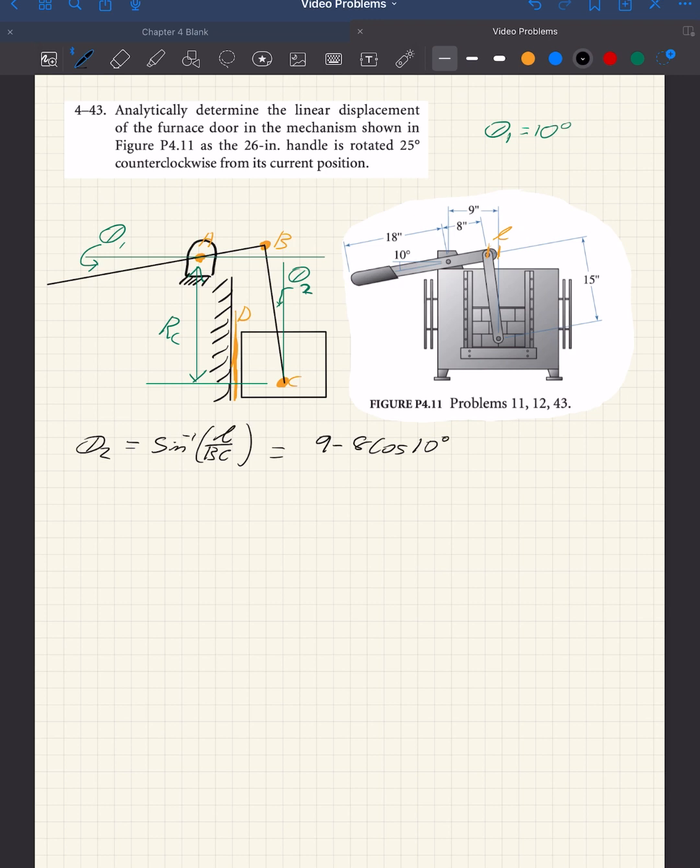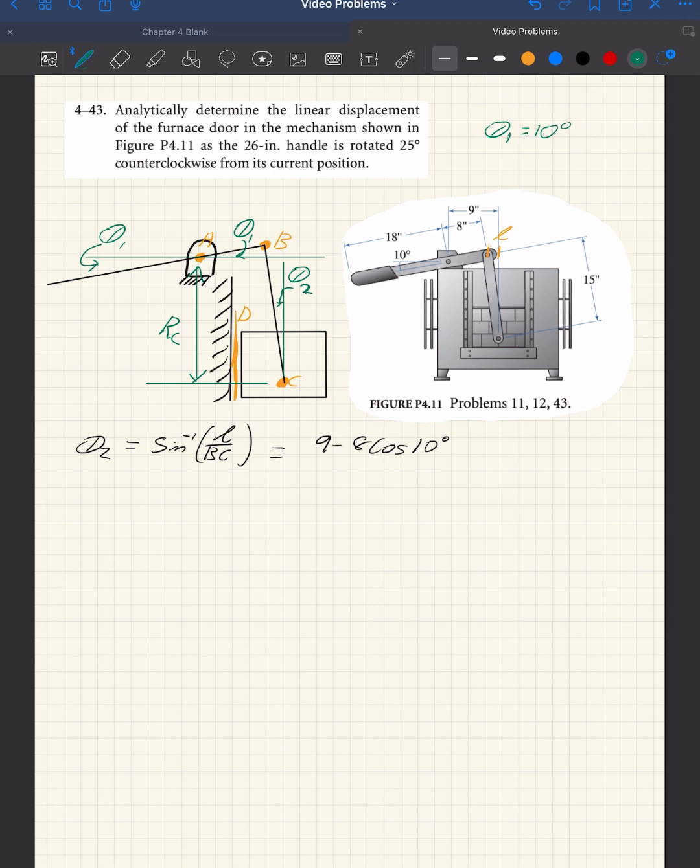Really we're just taking this overall length 9. And we know that this pin is located at the end of this handle, and that from pin A to pin B at this 10-degree incline is 8 inches. So to put that in pure horizontal, we take 8 times the cosine of 10 degrees from our theta 1, because we can also say that theta 1 is this angle as well.